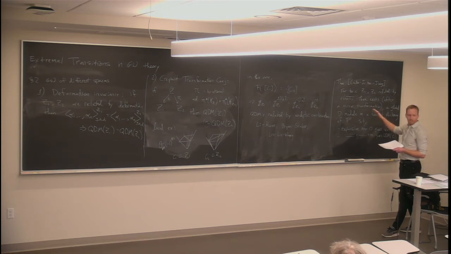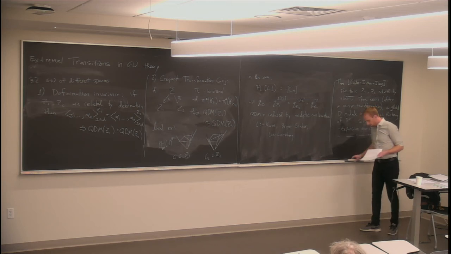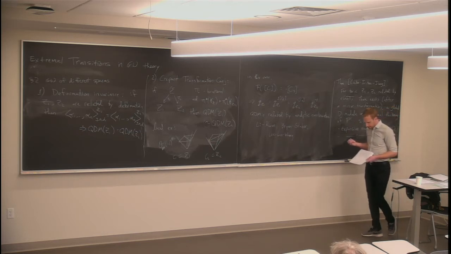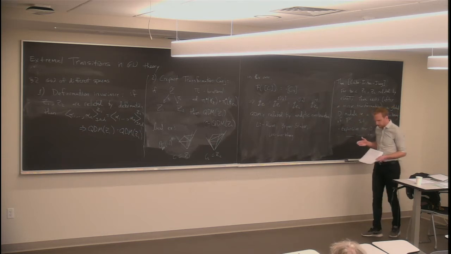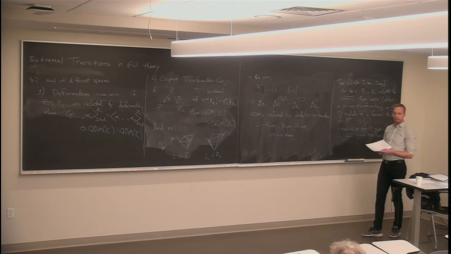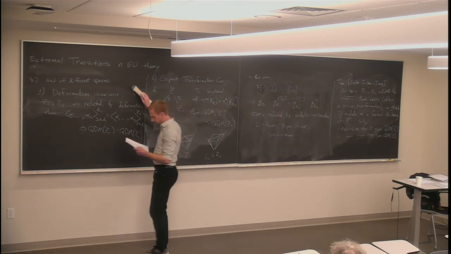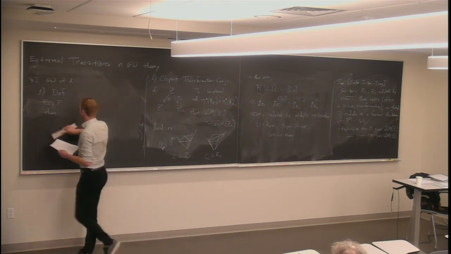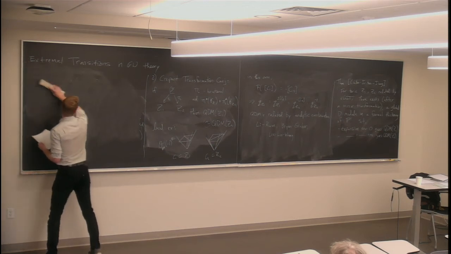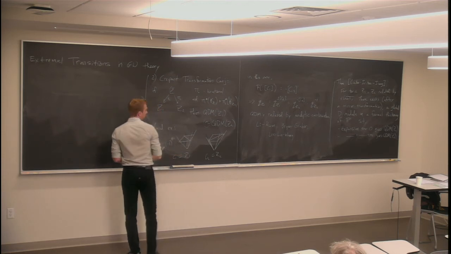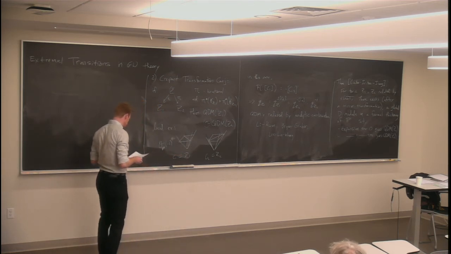But this is all actually up to a mirror transformation, so we're working on some formal neighborhood of a P1 in the secondary fan for the toric GIT data. So that's the crepant transformation conjecture.